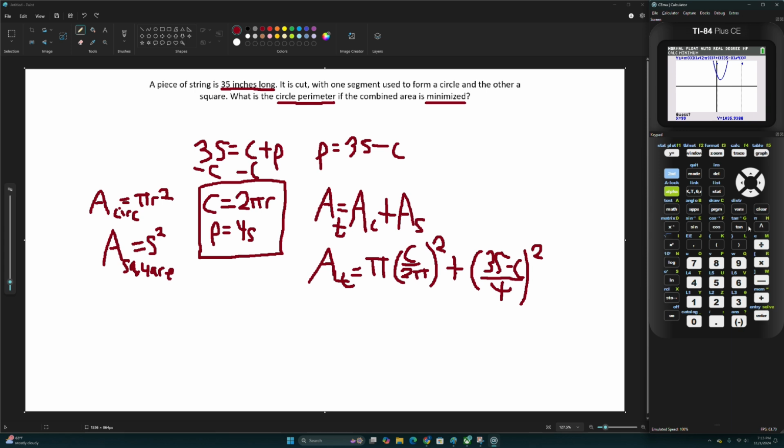I'm going to go like 99, I guess. Yeah, that's in the bound, and then enter. Okay, there it goes. So if we're correct, the answer should be 15.4. That should be the circle perimeter, which is correct. It's an interesting problem, but that's how you'll do it.